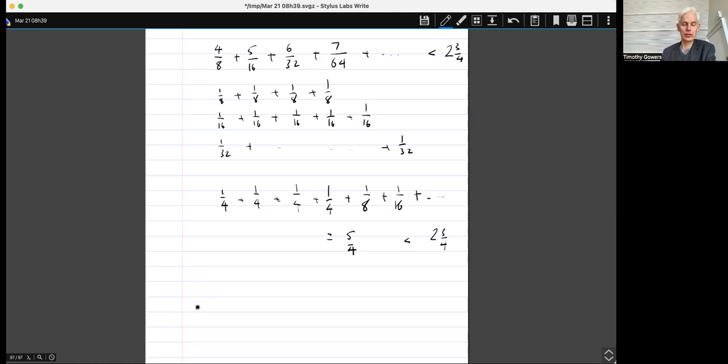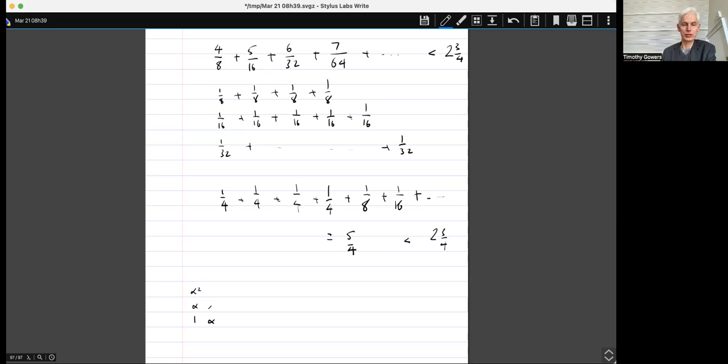But I could make it go up a little bit. So instead of 1, half, half, what if I went for 1, alpha, alpha? I'll be agnostic about what alpha is.